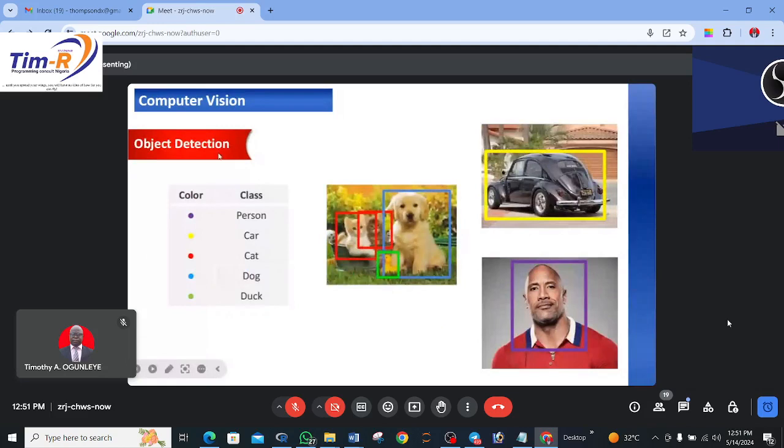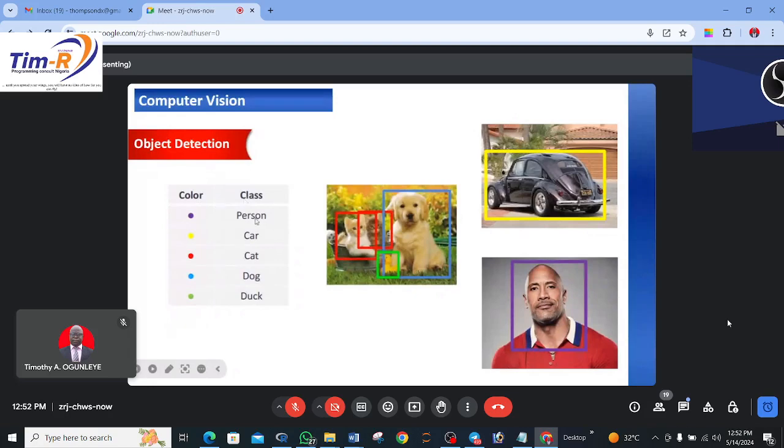Now, another thing is object detection. In this case, we can create bounding boxes, and I'll still show us how to use an annotation tool, whereby when you use the annotation tool, it creates different classes, colors of classes, and we can have each color corresponding to a particular class.